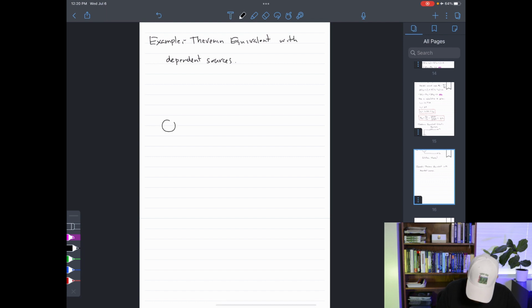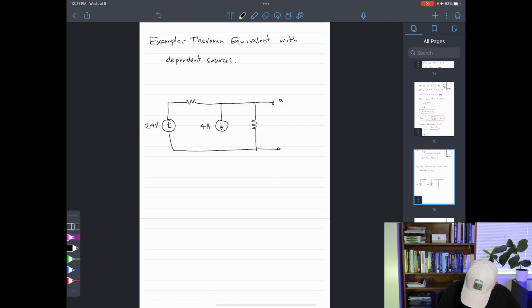Now, the circuit that we're going to take a look at contains an independent voltage source, providing us with 24 volts. We then have a resistor here, an independent current source, providing us with 4 amps downward. There is one resistor there, and then we finally see our first terminal, terminal A. This bottom portion of the circuit is then complete with our terminal B there.